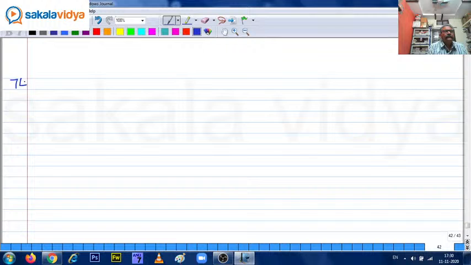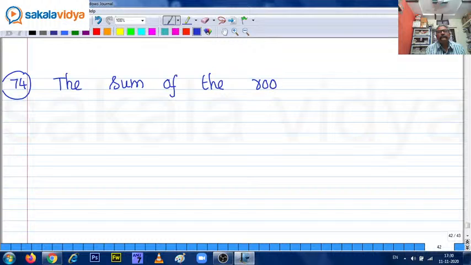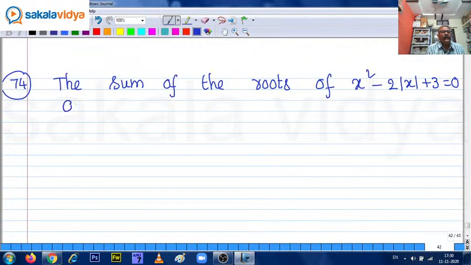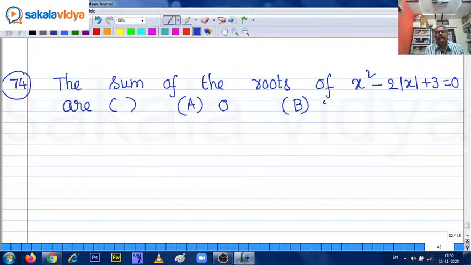Seventy-fourth. The sum of the roots of x square minus 2 mod x plus 3 equals to 0 are: A 0, B 2, C 3, D minus 2.